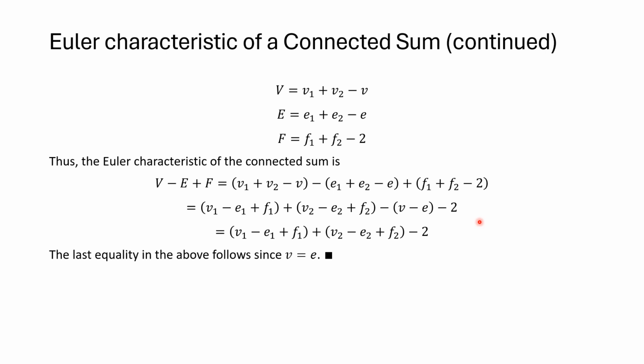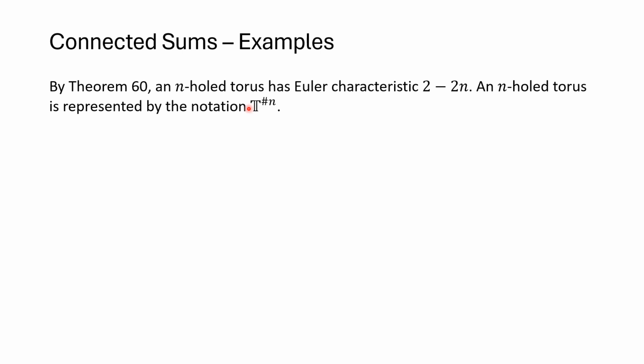So if we kept connecting toruses, we would keep subtracting 2 from the Euler characteristic, and we would go off to minus infinity if we indefinitely connected the tori together. As we stated on the previous slide, an n-hole torus has Euler characteristic 2 minus 2n.